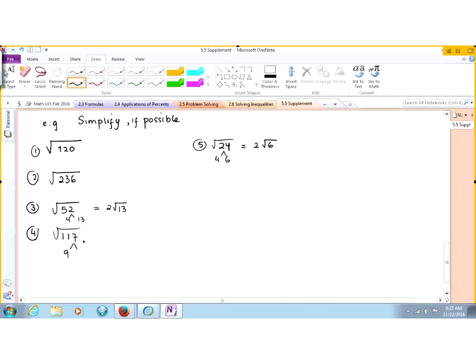So it is 9 times 13. So what is this? Square root of 9 is 3, and 13 is not a perfect square, so it has to stay under the square root. Okay, continue with 1 and 2, and then tell me.